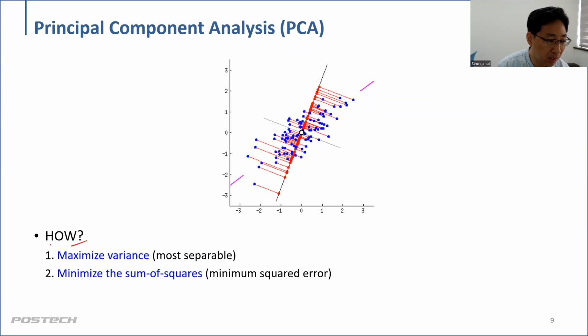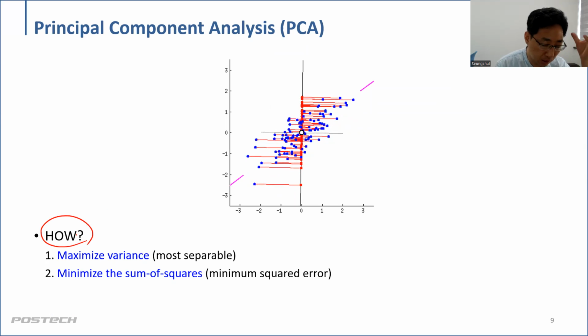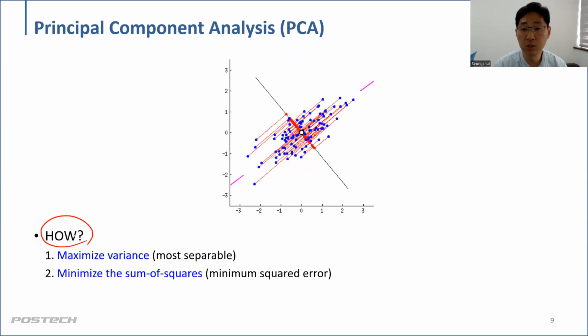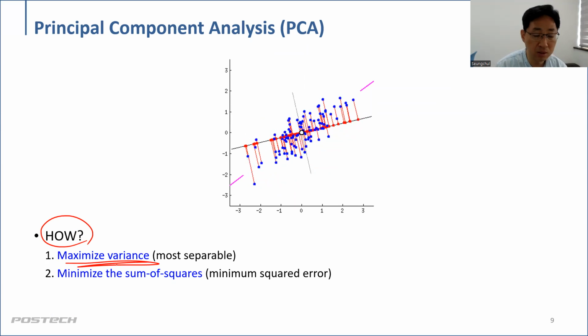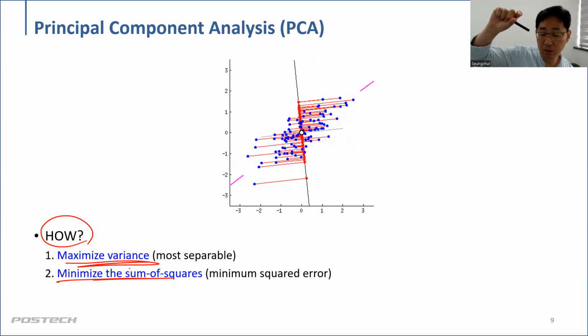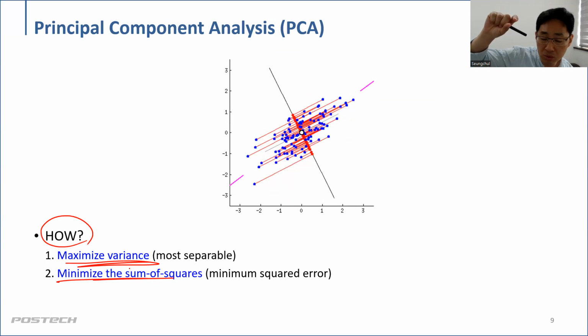So like I said, how can you find the objective functions to find the principal component in principal component analysis? I want to maximize the variance, or I want to minimize the errors, which is the information that we're going to lose.